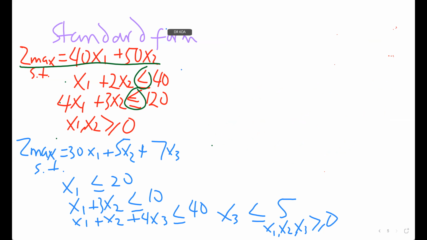All right, so what is the first thing to identify here? The first thing that you want to take note of is the objective function. The objective function is 30x1.